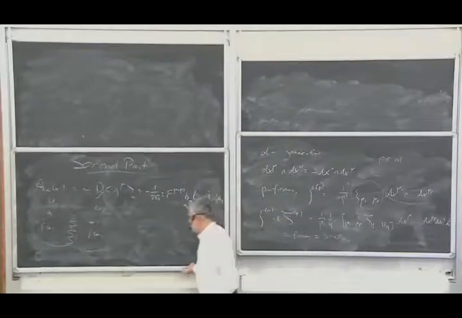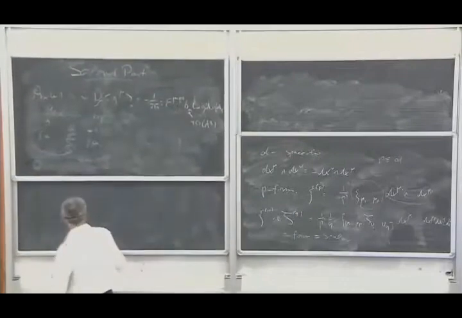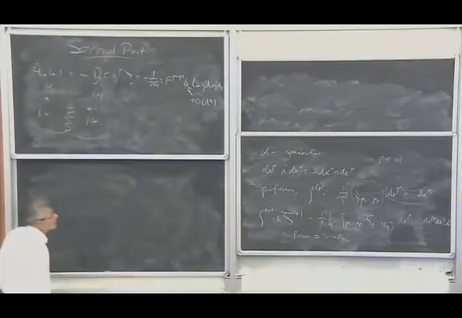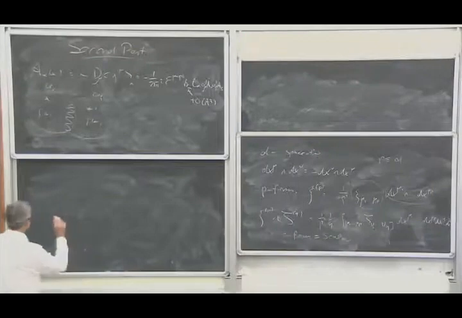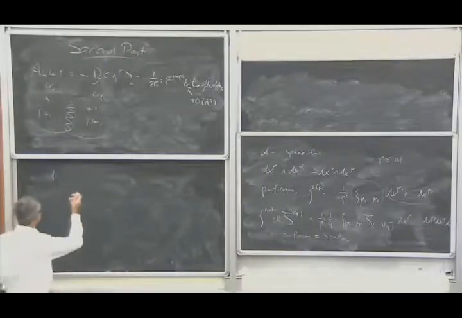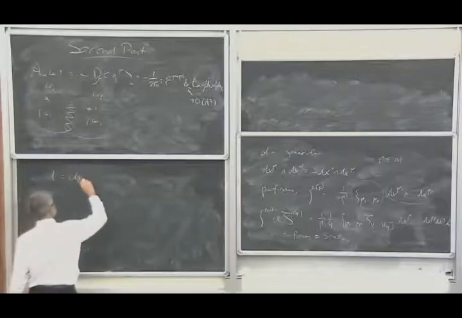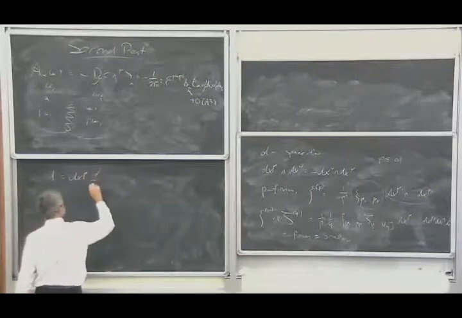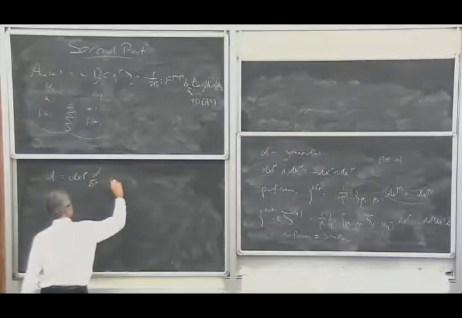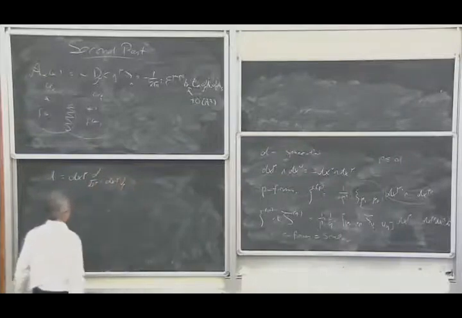Okay, now, very often we need to take a derivative of something, and on forms what acts naturally is the exterior derivative, which is dx^mu d/dx^mu.